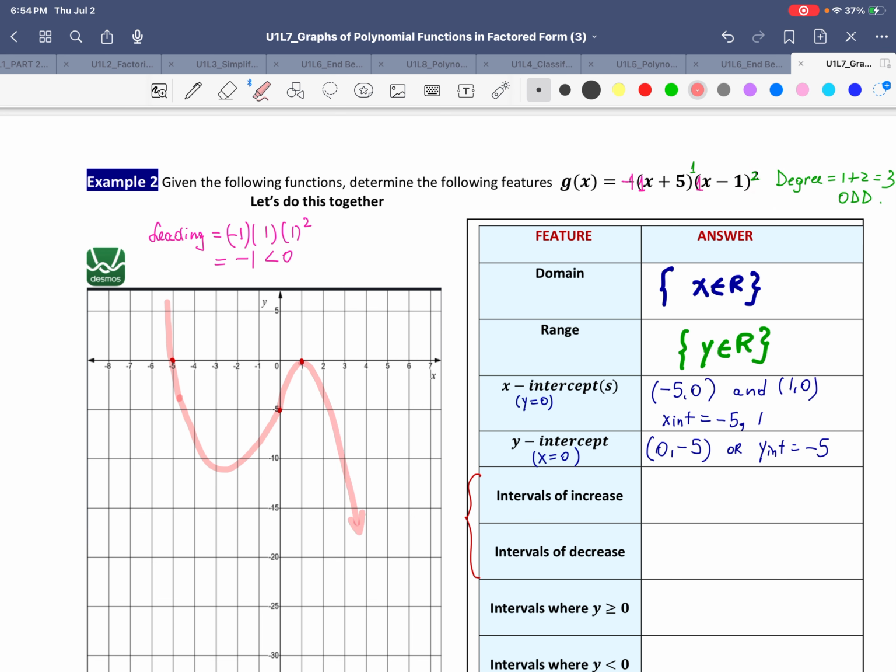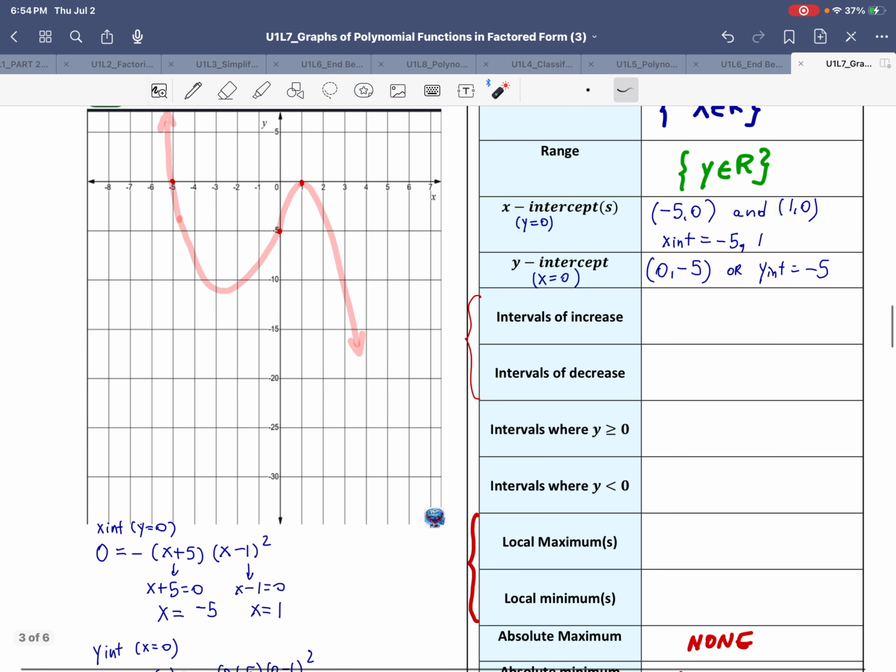So this will be a sketch of the graph, definitely not the actual graph, because we still need to determine the values of the local min and max. But drawing this will enable us to answer quite a few questions here on this chart.